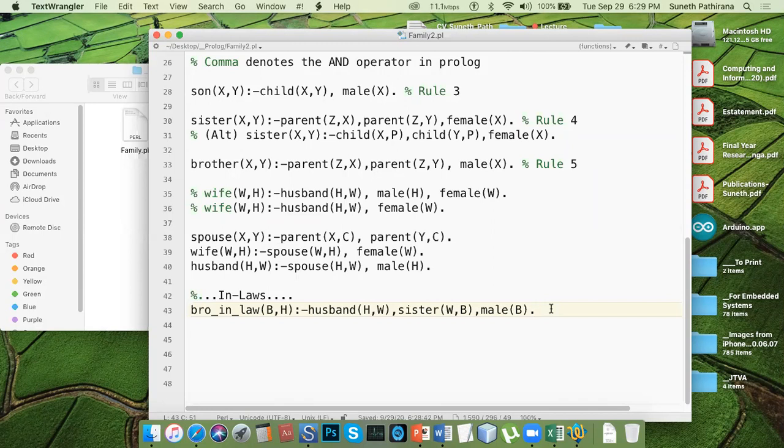So there can be some other way. For an example, the inverse relationship of this.